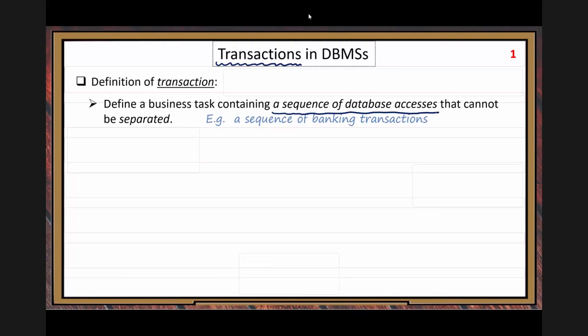A typical example is a sequence of banking transactions. Think about it. You have two accounts. You withdraw a certain amount of money from one account. That's the first banking action, one database access in the business task. After you withdraw the money, you want to make a deposit to another account immediately.